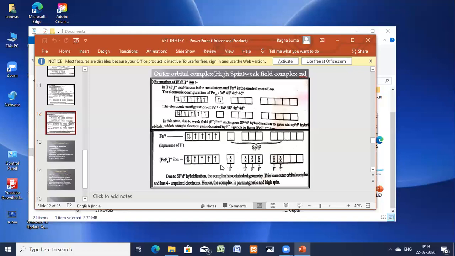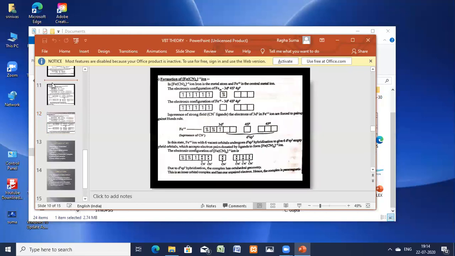Now how many single electrons do you have? 1, 2, 3, 4. Four single electrons are there. So what you can see is the paramagnetic nature. Weak field, high spin complex. Outer orbital, high spin, weak field complex. Now we'll go for one more example of these complexes.